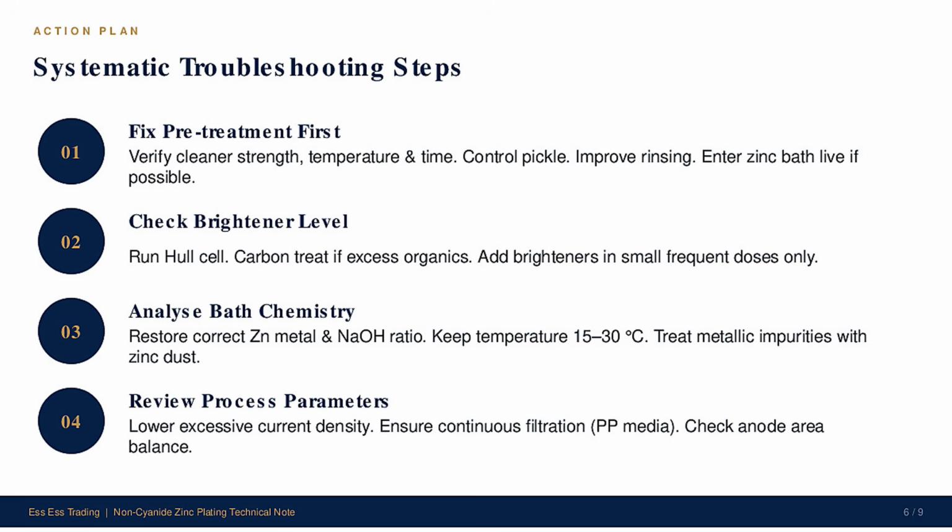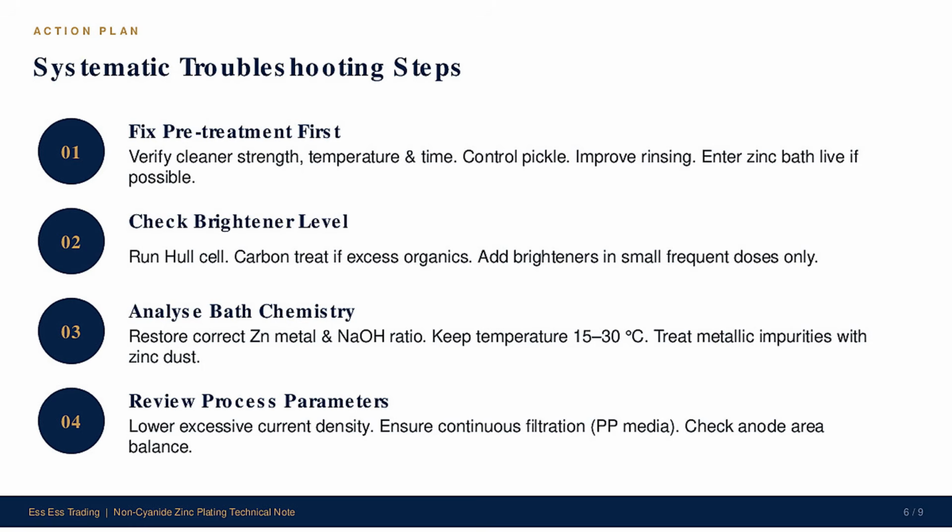When it comes to troubleshooting, a systematic approach is key. Start by fixing pretreatment. Verify cleaner strength, temperature, and timing. Control pickling and improve rinsing. And if possible, have parts enter the zinc bath live. Next, check brightener levels using Hull cell tests and apply carbon treatments if excess organics are detected.